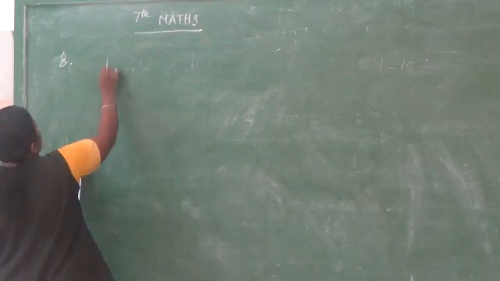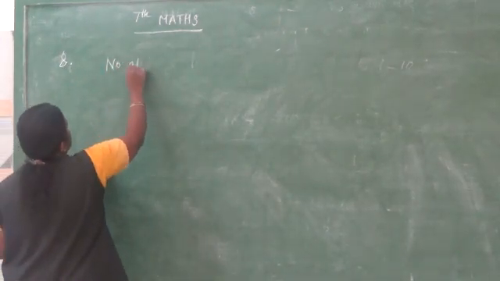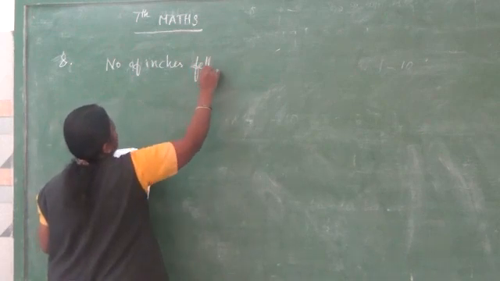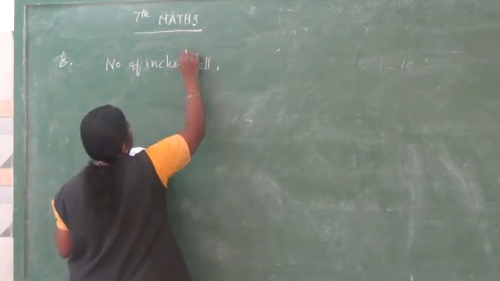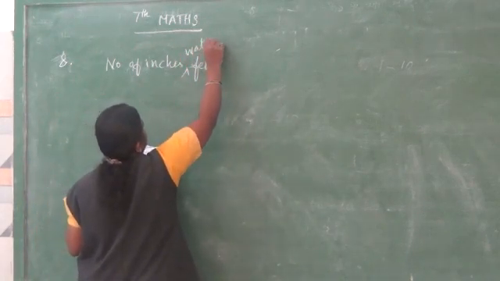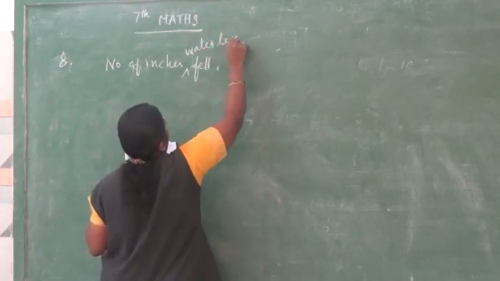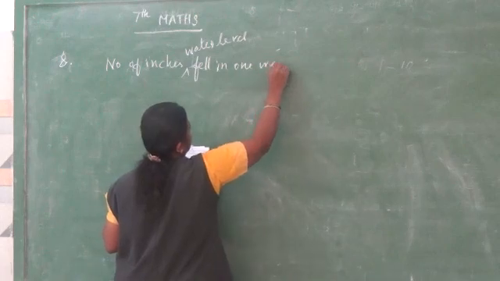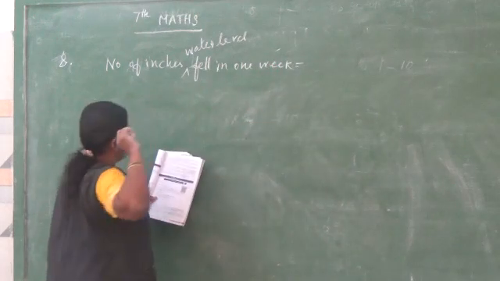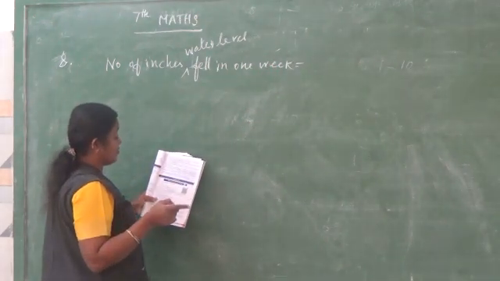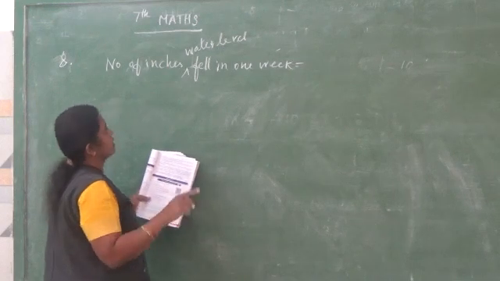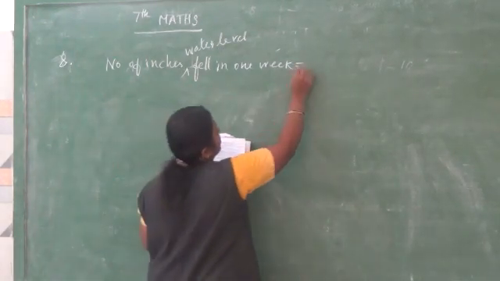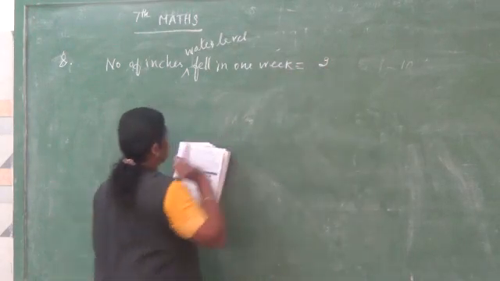So, number of inches water level fell in 1 week. They have given us that the water level in a dam fell 3 inches per week. So I have taken here number of inches water level fell in 1 week equal to 3.